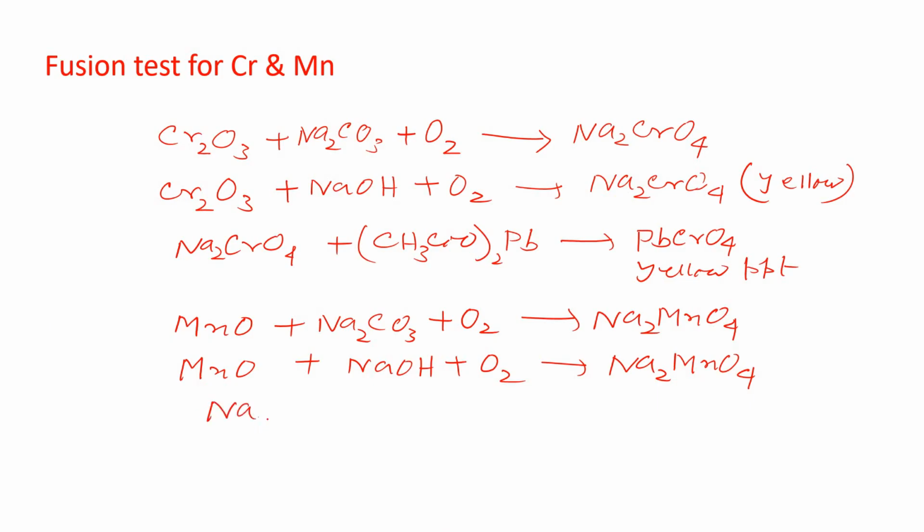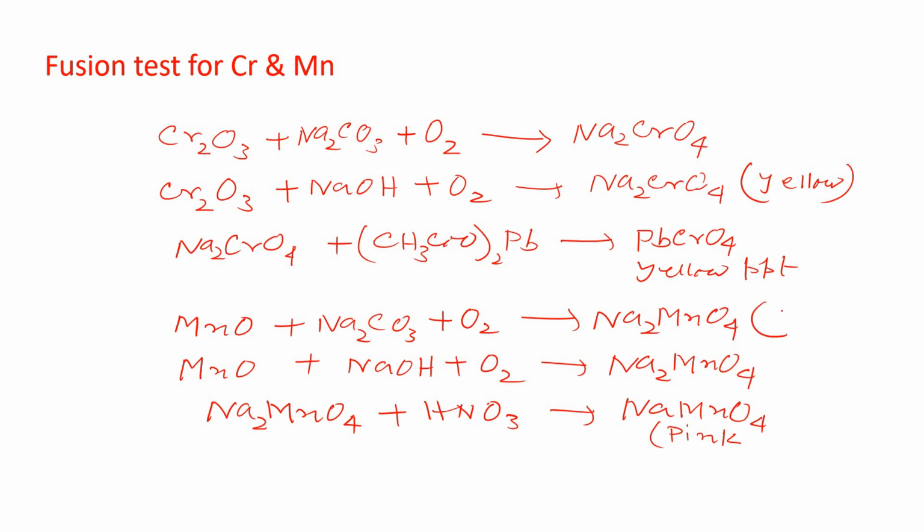So this sodium manganate plus nitric acid will be oxidized and give sodium permanganate, which is pink color. Here you will get the pink color. This sodium manganate is the green mass we got. Then after adding nitric acid, we get the pink color. So this is the reason for this observation.